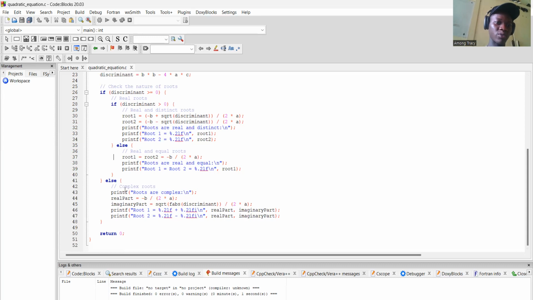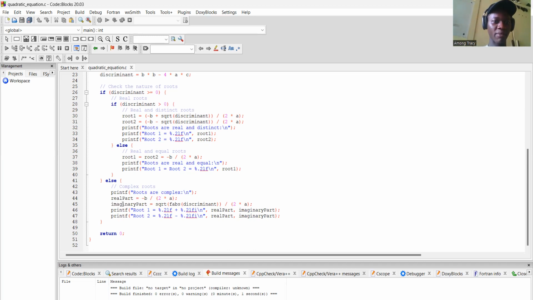Now in that else part, you tell the user that these are complex roots. So you have to compute them. For complex roots, we have the real part and the imaginary part. So for the real part, you'll have to create a formula, which will be real part is equal to negative b divided by 2 times a.